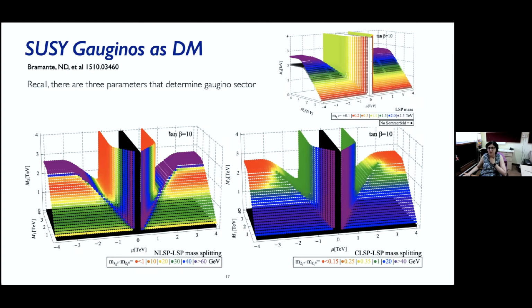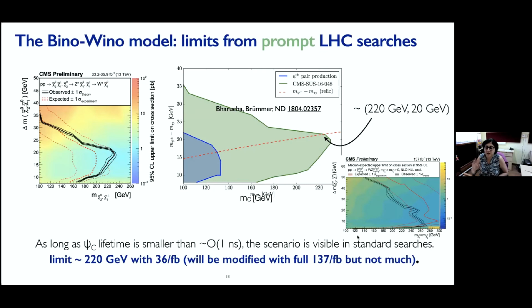In that region, you can see that the splitting is about 10, definitely less than 40 GeV. That is the kind of splitting you expect if you want to get the right dark matter relic density. Similarly, for the charged case, you see that the splitting is 20 GeV or less. So that is the ballpark number that you need to keep in mind. That was the point of showing those figures.